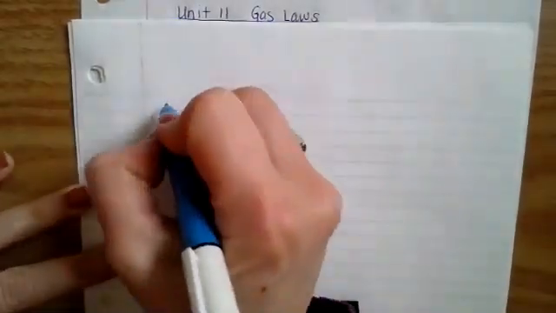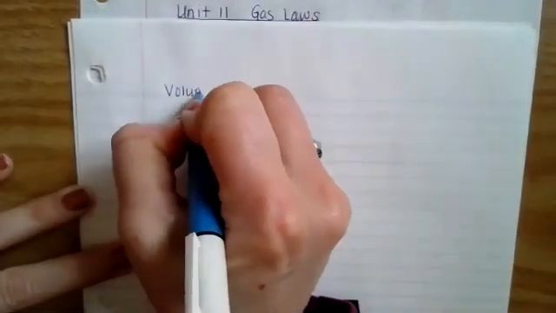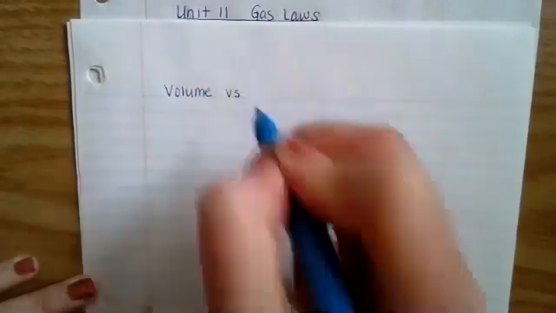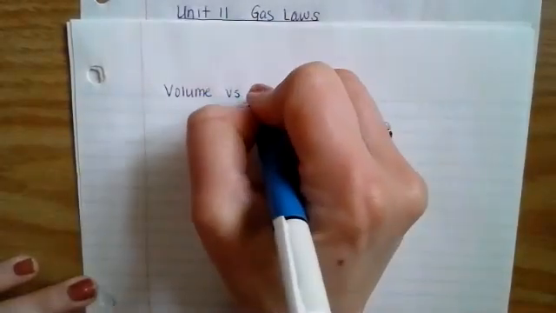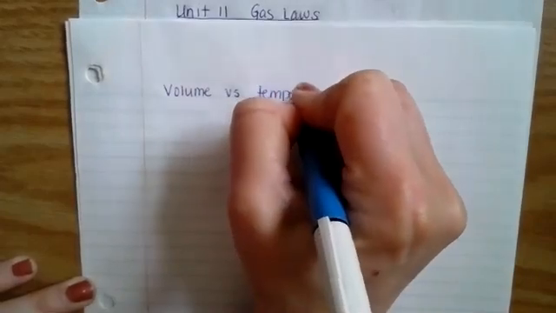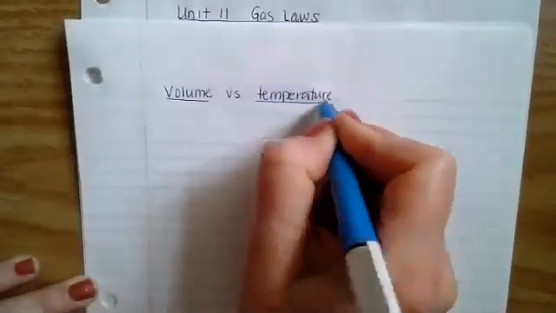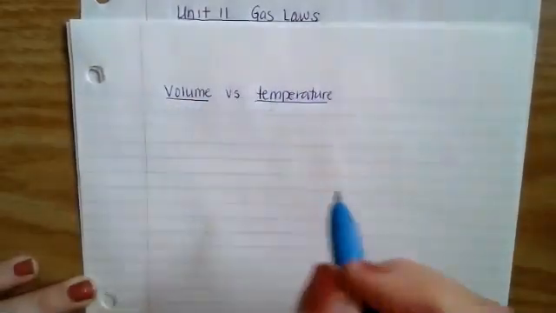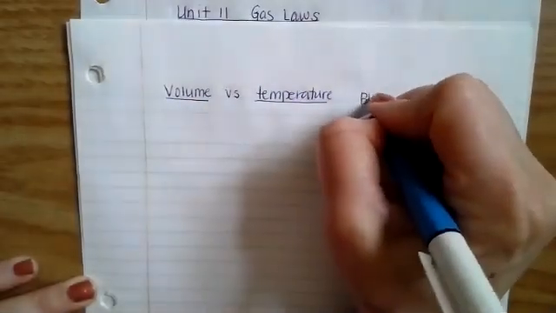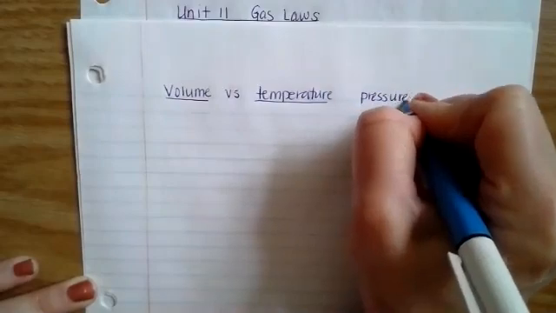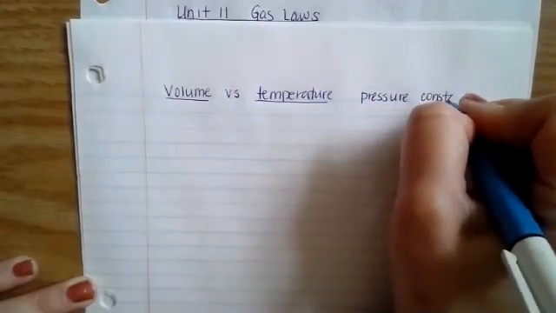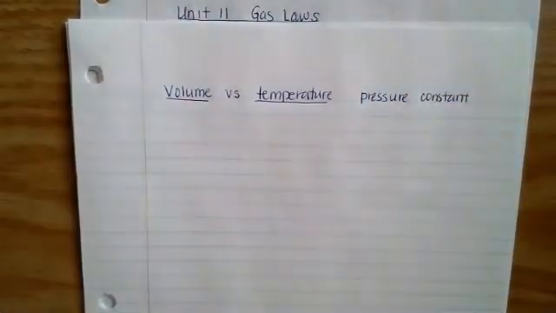All right, so we have a volume versus temperature relationship. So if we're dealing with these two variables, we are considering pressure to be constant. And this is where in an actual problem, it might state that you may be at 1 atmosphere.